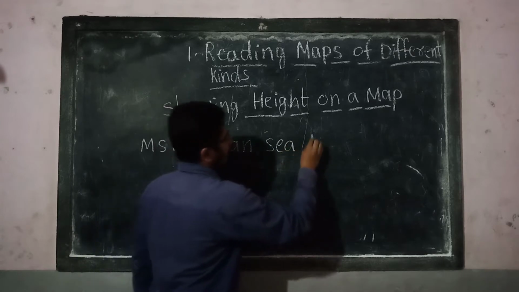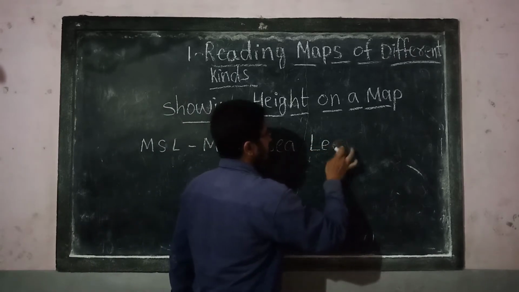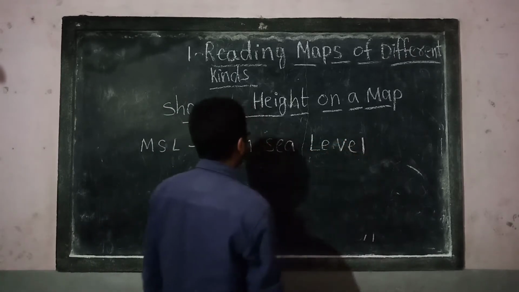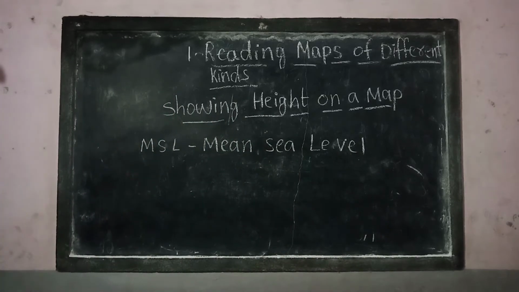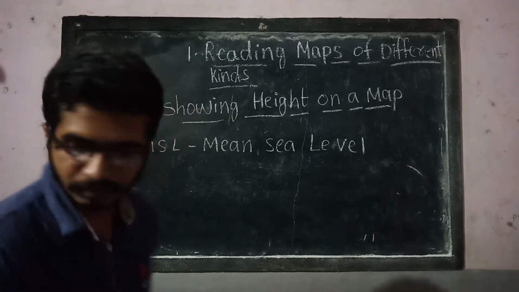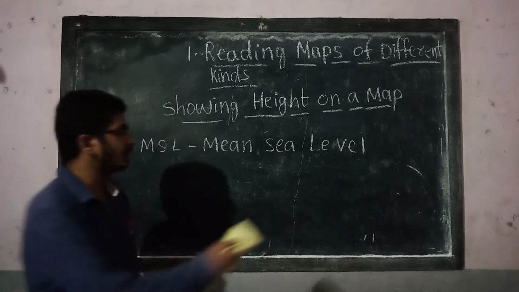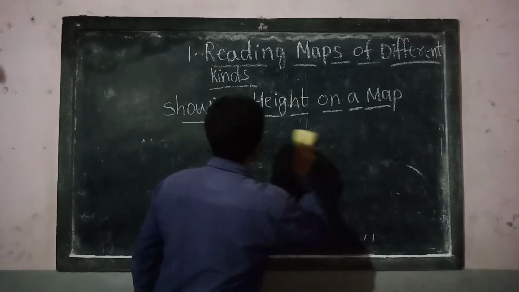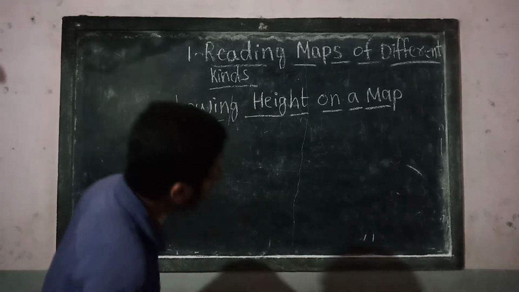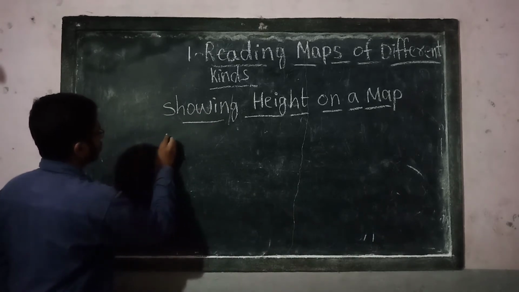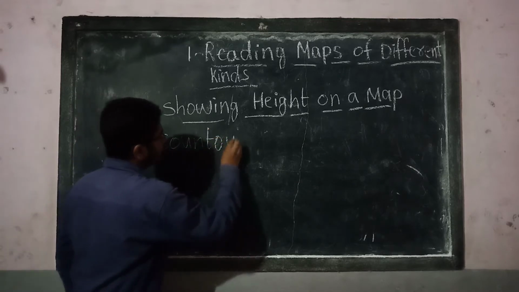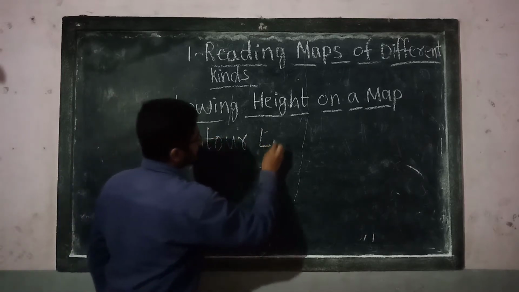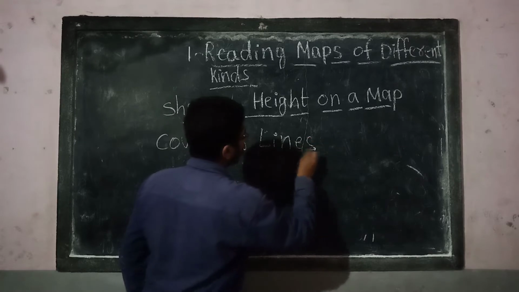Sea level. And before this, we will also discuss the contour lines. Mean sea level, write it aside. We'll learn about contour lines. What is the name? Contour lines. So what are contour lines?